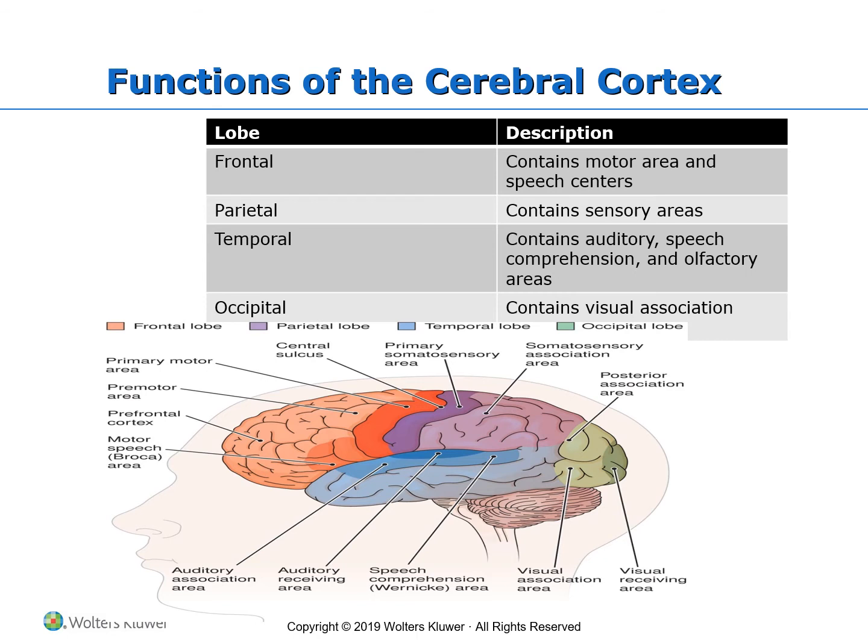We have a main visual receiving area, which will collect the information received from the retina, mainly in terms of brightness and color, while the surrounding area of the occipital lobe, called the visual association area, will interpret and put together all this information and will form what is called a mental picture.